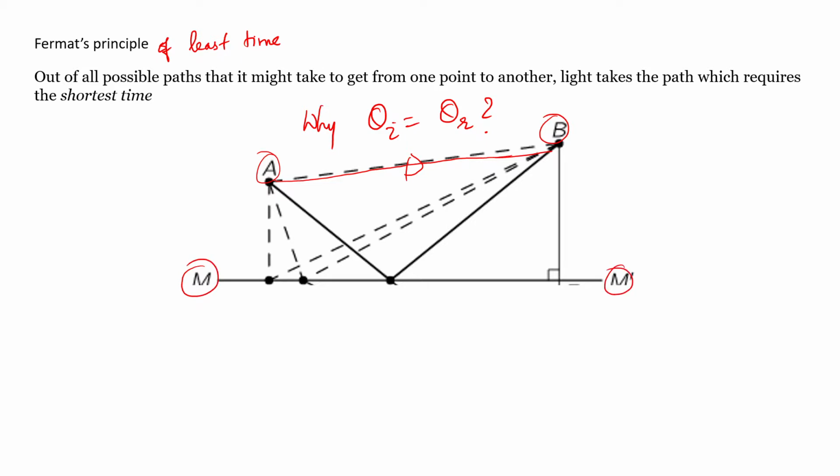If I have to go directly from point A to point B, I would just take a straight line. But if I have to strike the mirror and go, that is, we're looking at how reflection works. Then how does it work? So let's take a look.